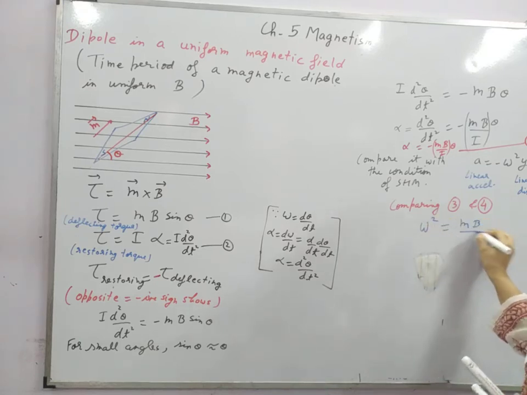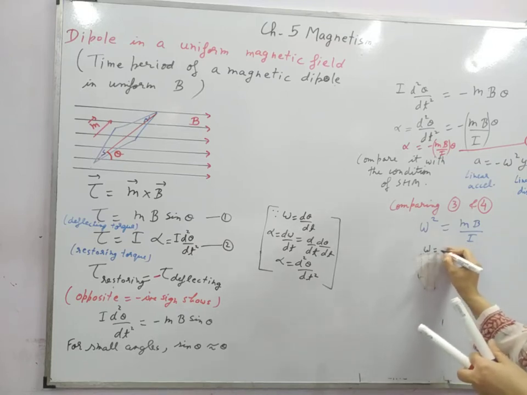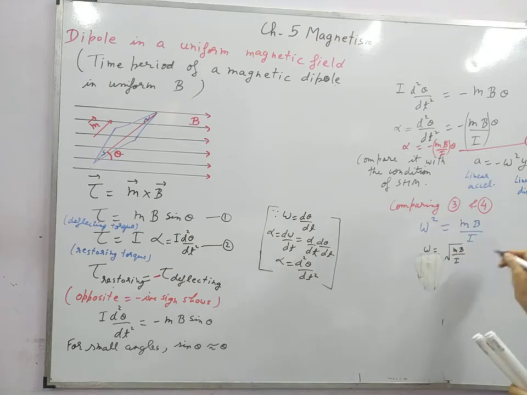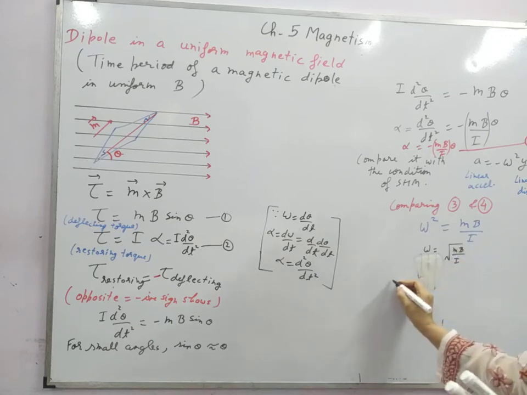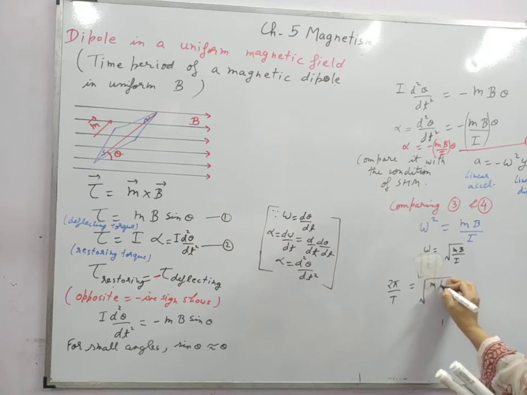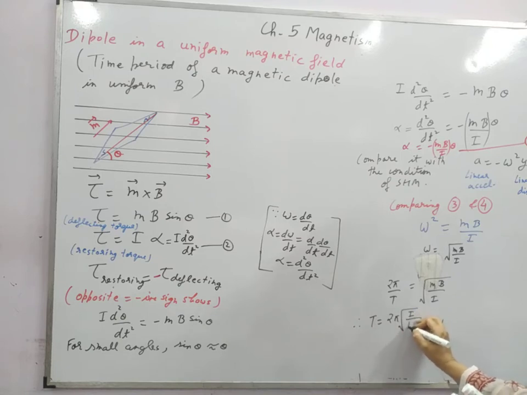I have this mB upon I. So I can write, omega is under root of mB upon I, right? And this can be written as 2 pi upon T is equal to under root mB upon I. Therefore, time period is equal to 2 pi under root of I upon mB. So this is the time period.